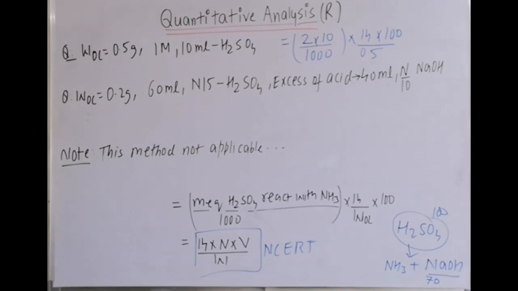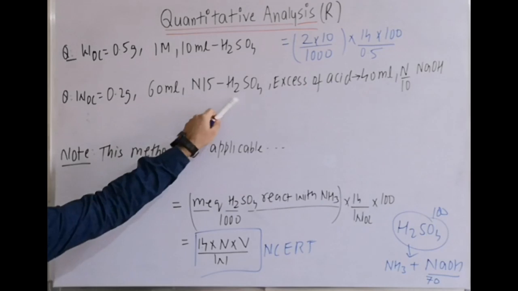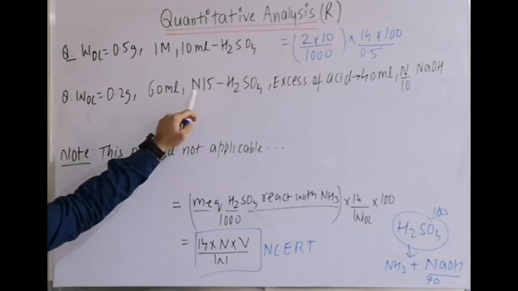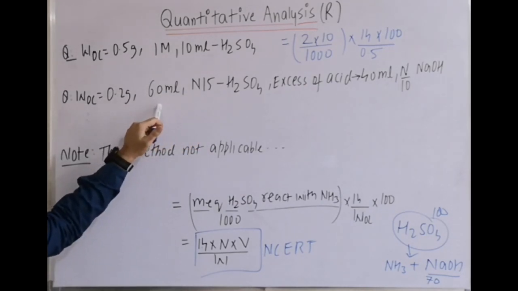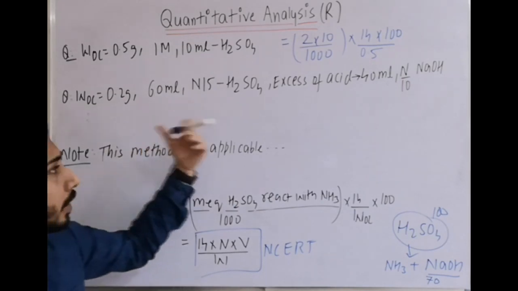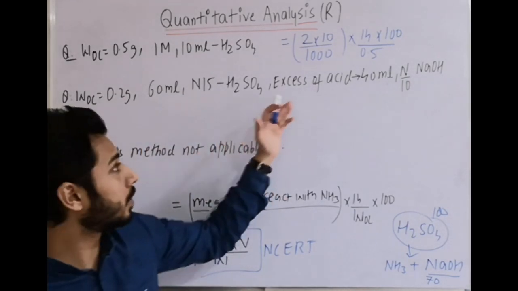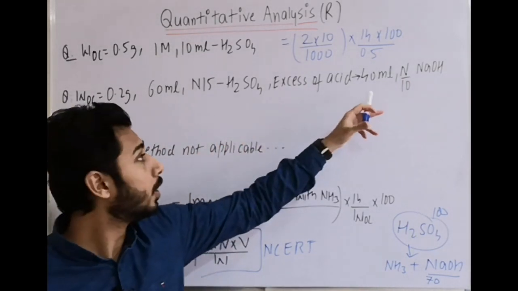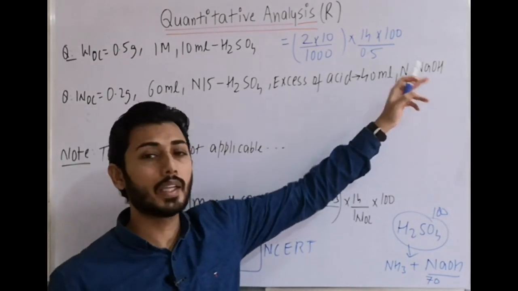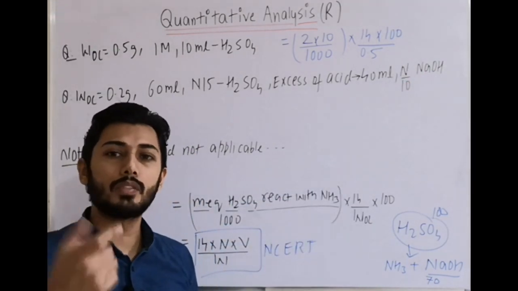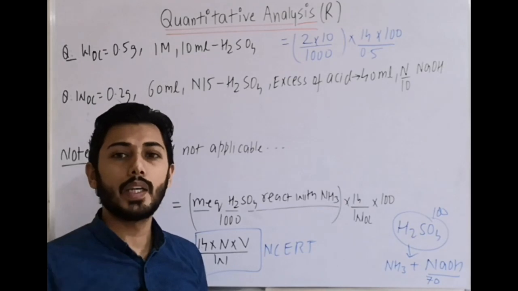Then the next question is where we use excess of acid. What is the question? In this Kjeldahl method, the organic compound has mass 0.2 grams, H2SO4 is N by 5 normal, 1 by 5 normal, and 60 ml is used in this reaction. Another piece of information given in that question is that excess of acid is neutralized by 40 ml of N by 10 NaOH. Now tell me, if excess information is given, what do we have to find out ultimately?